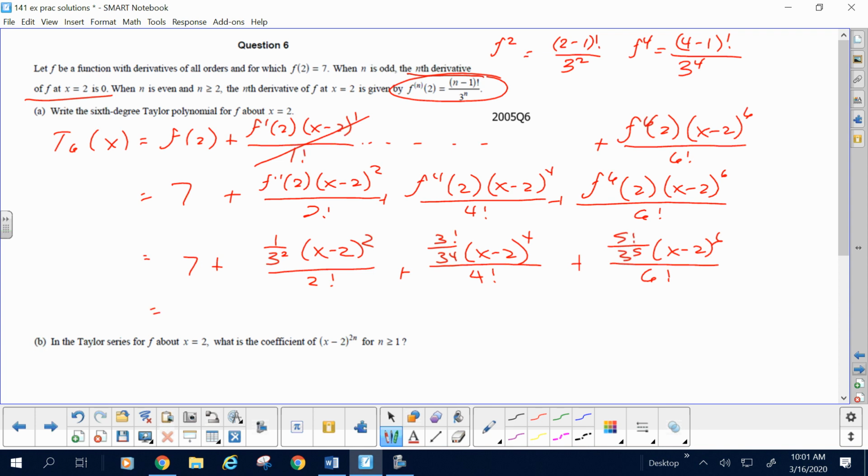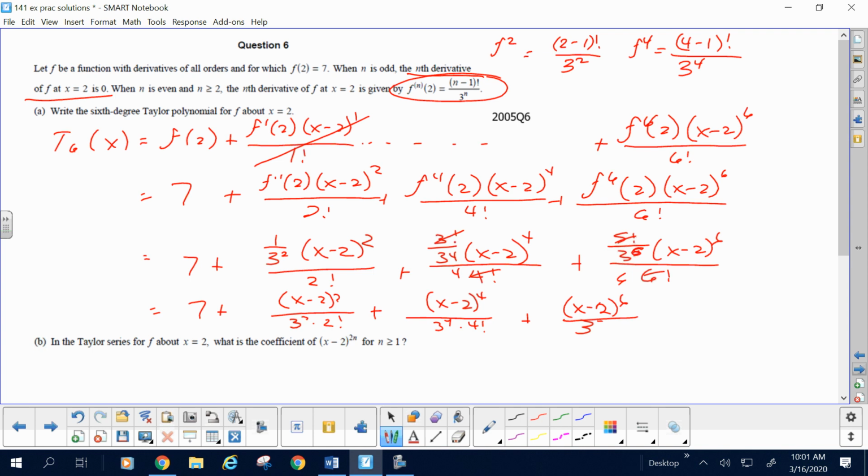If I clean this up, then isn't this something like x minus 2 squared over 3 squared times 2 factorial? And this one, x minus 2 to the fourth, and that's when I get 3 to the fourth times 4 factorial. And then these cancel, and I get something like x minus 2 to the sixth over 3 to the sixth, shouldn't it?